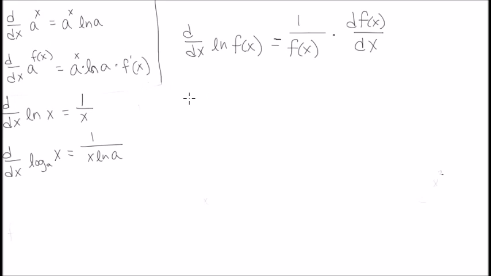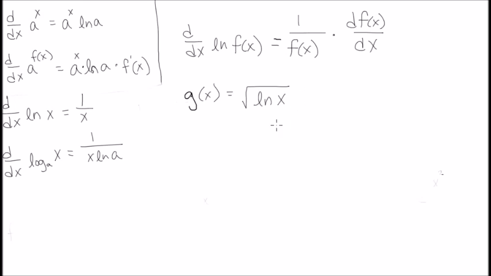So just to go through a quick example, we might have a function g of x that's equal to the square root of the natural log of x. Now notice here, this is kind of the reverse setup of what I just talked about. You're going to apply the chain rule in the opposite order.